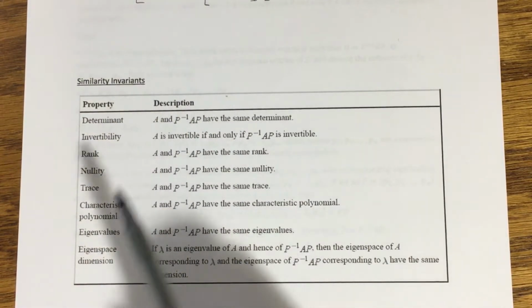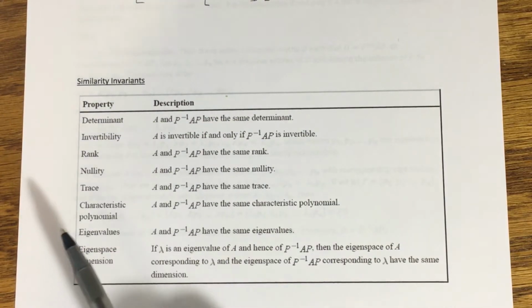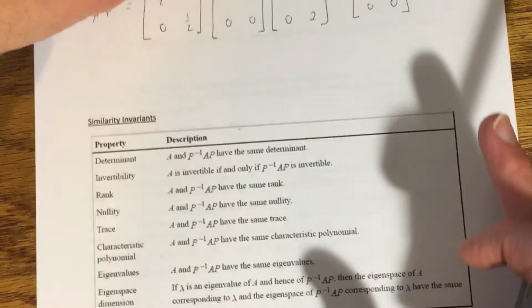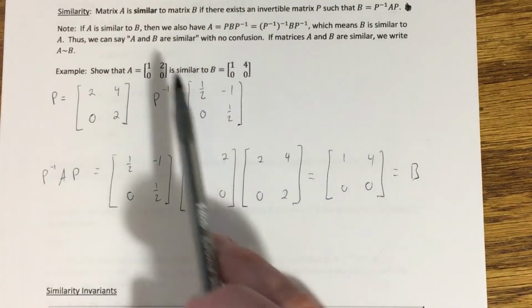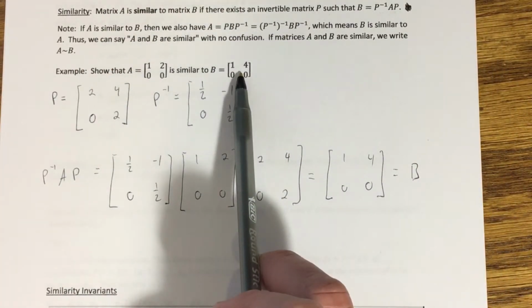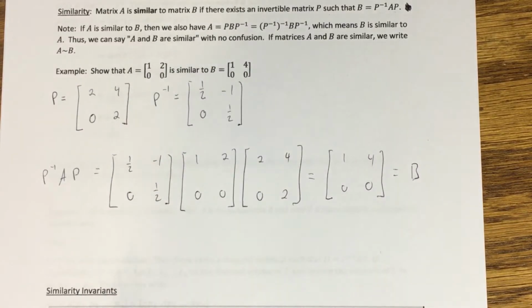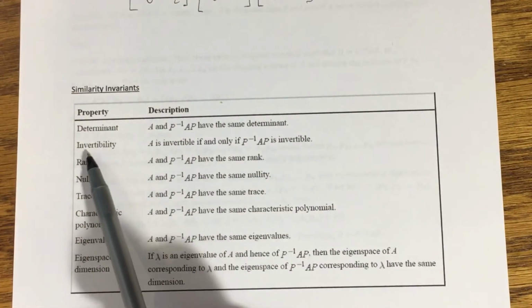If two matrices are similar, then they're always going to have the same determinant. And we can verify that in our example up here. We showed that these two matrices were similar, and if you'll notice, both of their determinants are equal to 0. Okay, so we could check that.